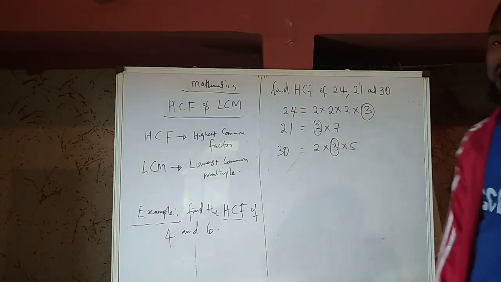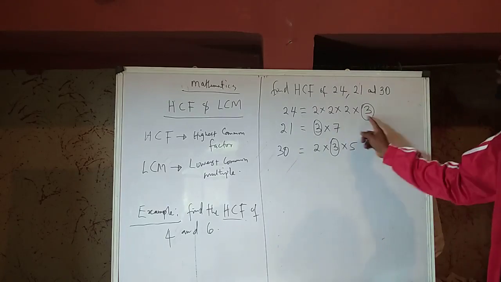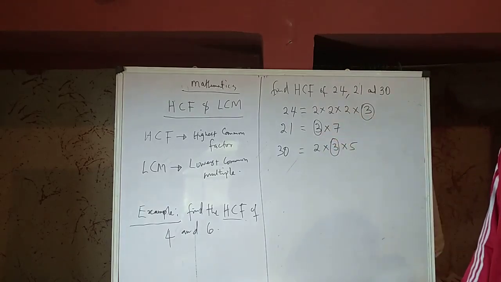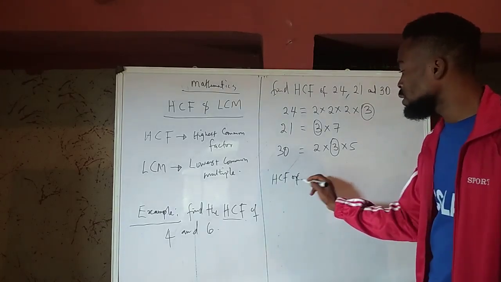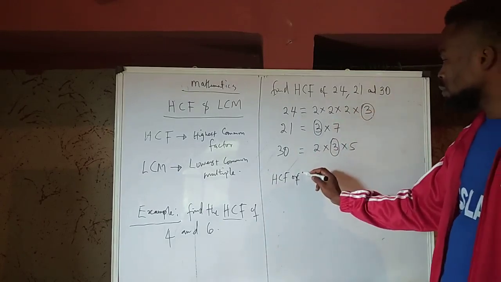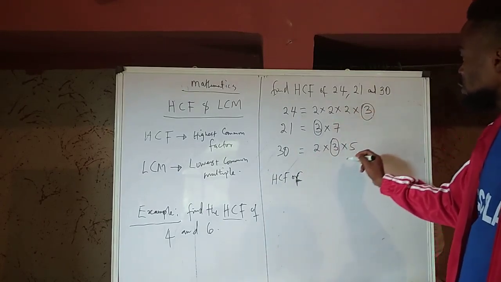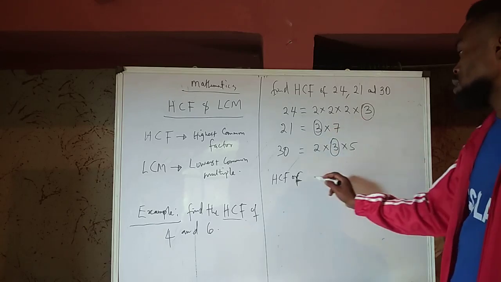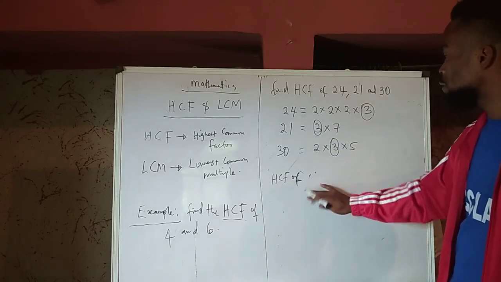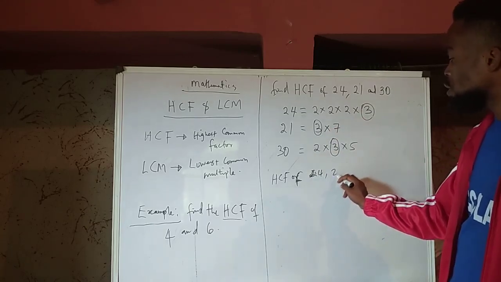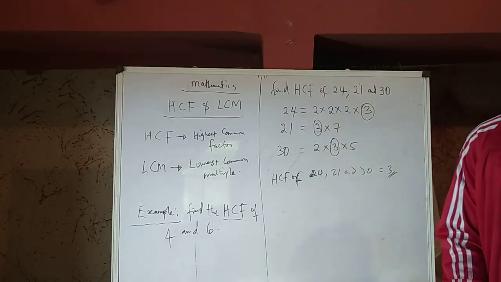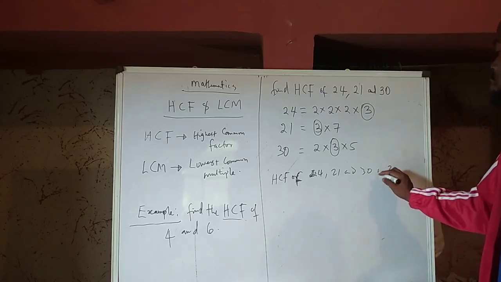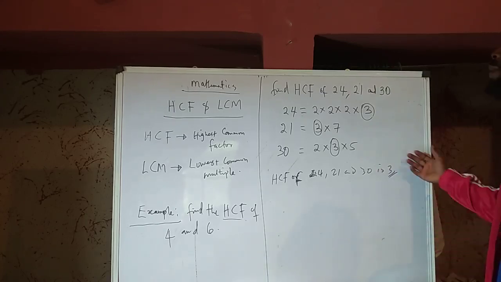So the highest common factor of 24, 21 and 30 is 3. Okay, so that's it for that.